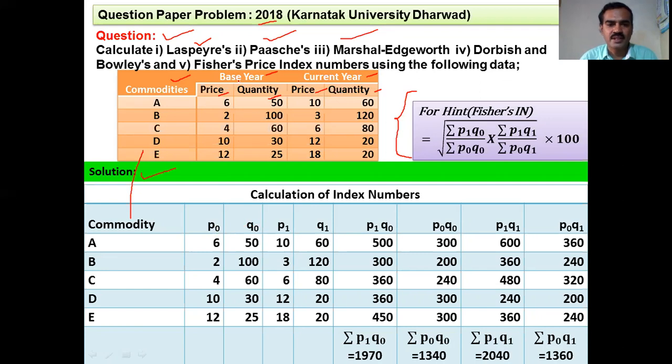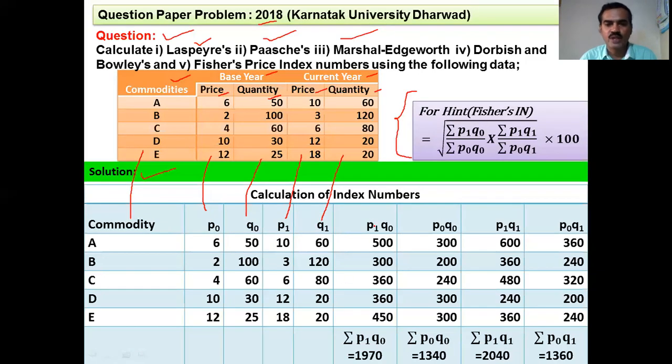So base year price is P naught, base year quantity is Q naught. Current year price is P1, and current year quantity is Q1. This is how we prepare the table.